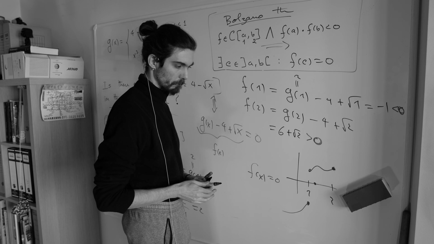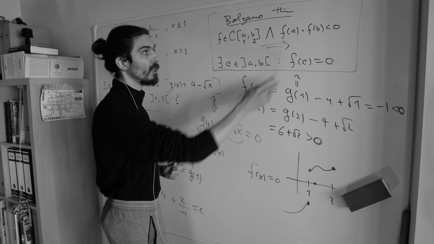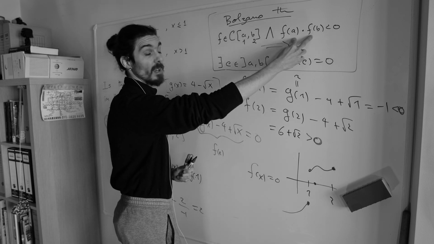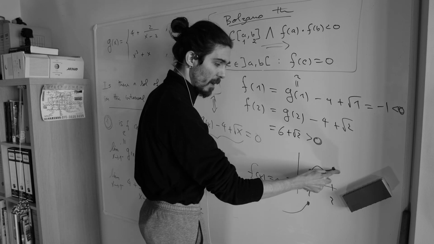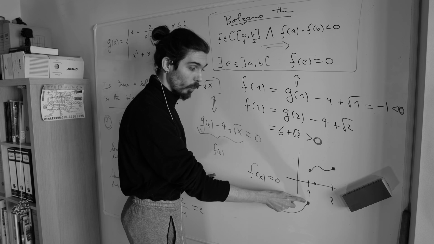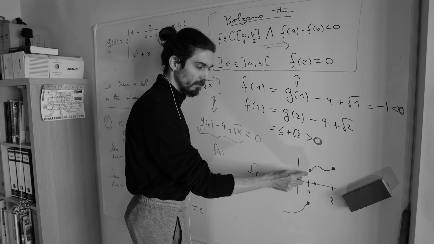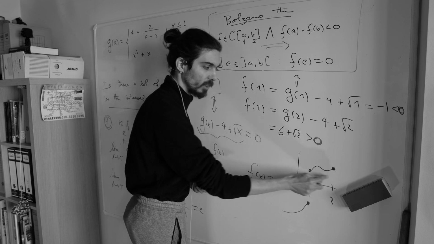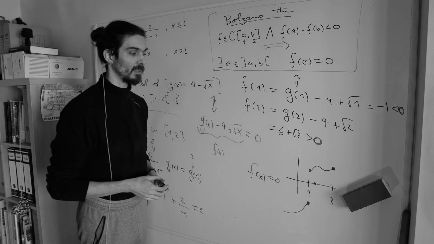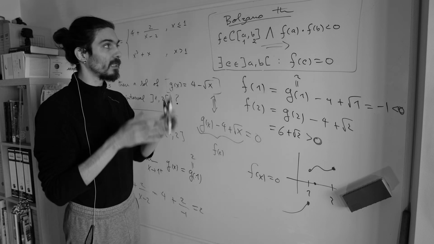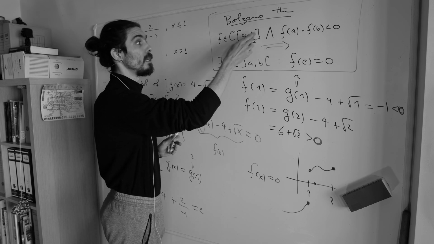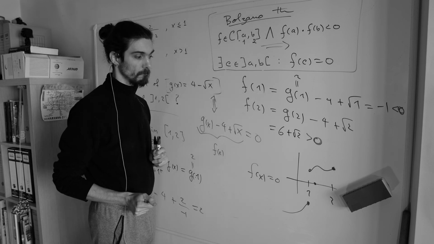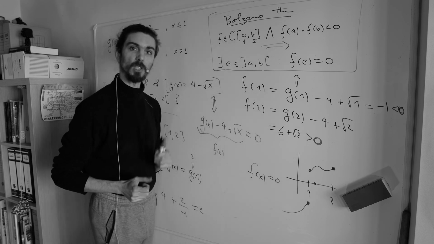Can you see? We would be computing this and checking that the signs are different. They are indeed different, but the function is not continuous exactly at this point 1. It just jumps, and so it does not cross the horizontal axis. So it's very important that the function belongs to C between a and b, closed, to prevent situations like this.